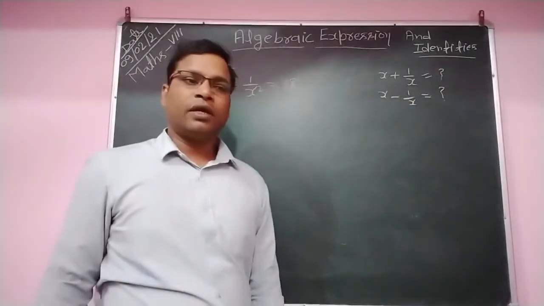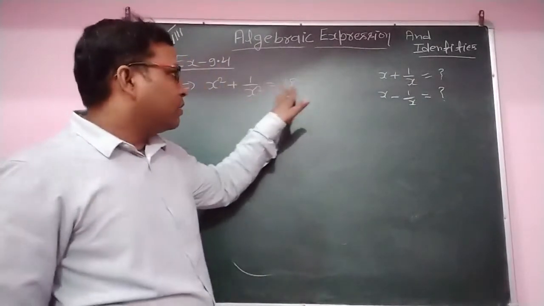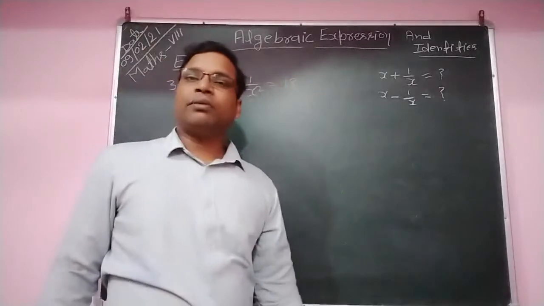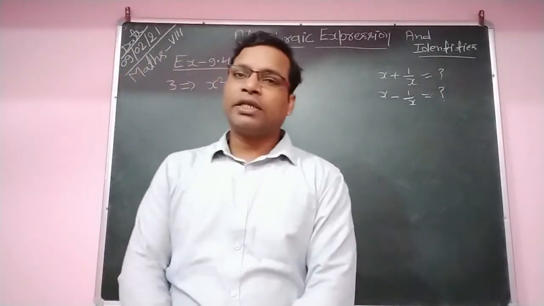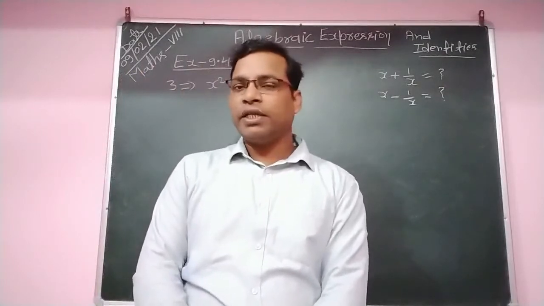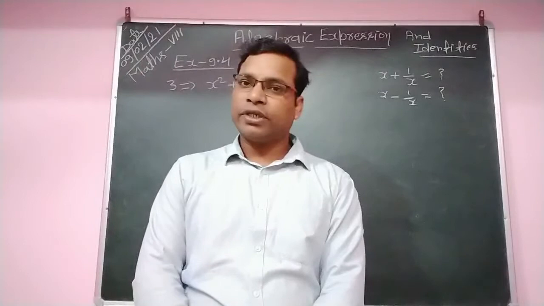Okay, so student, this is given. We can add 2 to both sides. If you add or subtract the same quantity on both sides of any equation, then the equation has no changes.